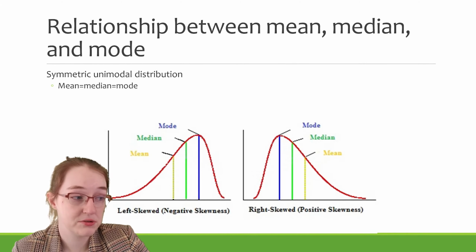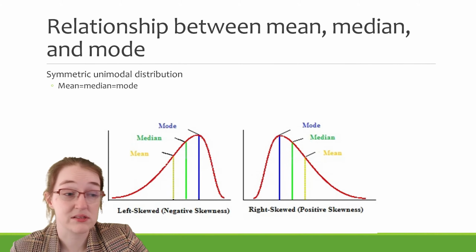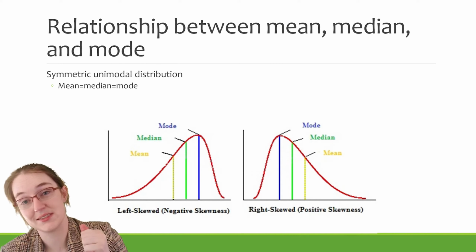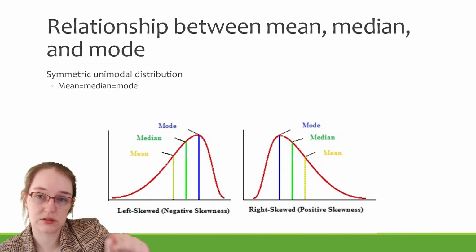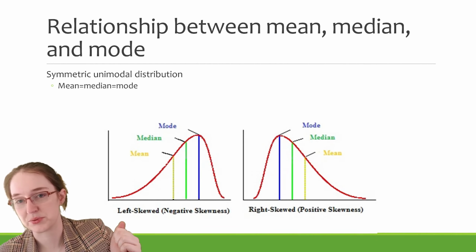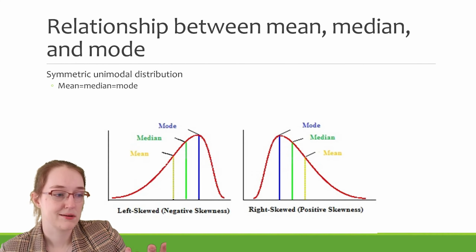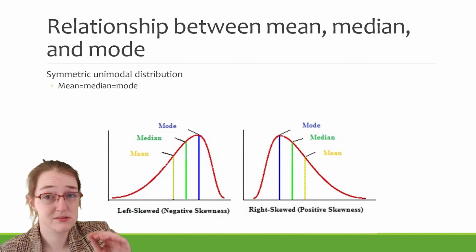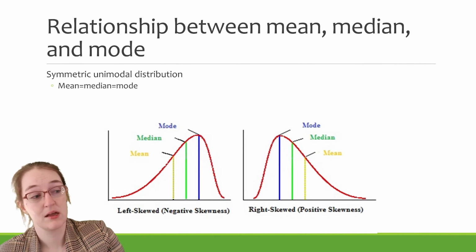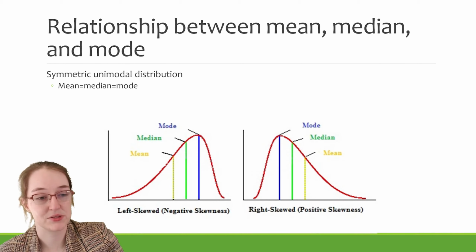Now, for left skewed data, the mode is the largest and the mean is the smallest because the mean is more sensitive to outliers, so it gets pulled closest to the tail. The median's in between the two. For right skewed data, it's the reverse. Mode is the smallest number, mean is the biggest number, and it's closest to the tail.